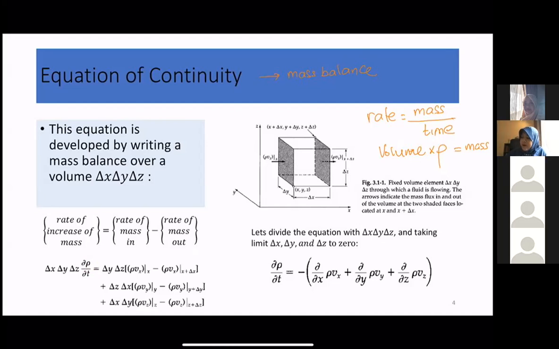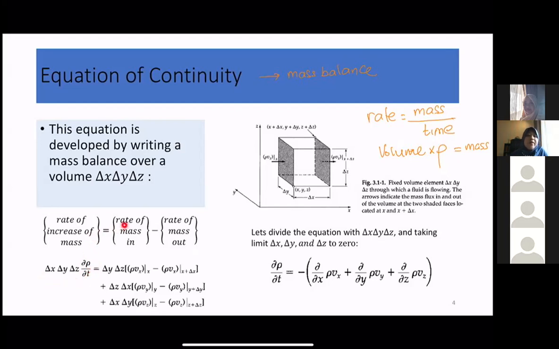So it is only the function derived with respect to time. Okay, so this is the rate of increase.